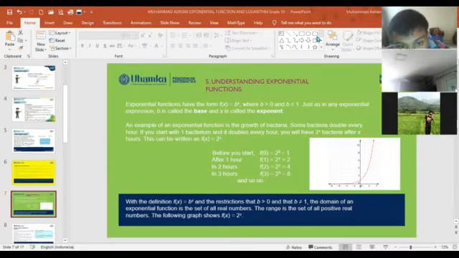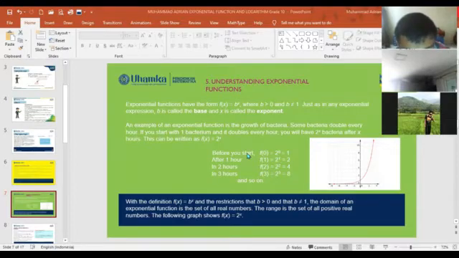After 2 hours, v(2) equals 2 power 2 equals 4. After 3 hours, v(3) equals 2 power 3 equals 8, and so on.